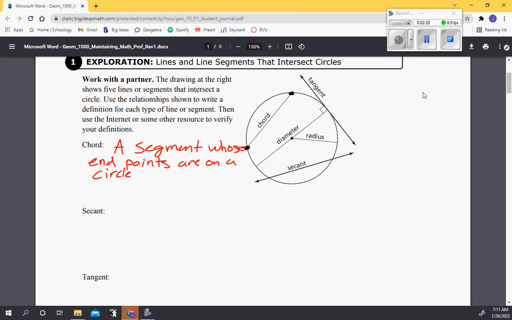Okay. Next is secant. If you look at the figure, look at secant. There's a difference between a chord and a secant line, because a secant is a line. Remember the difference between a segment and a line. A secant is a line that intersects a circle in 2 points.